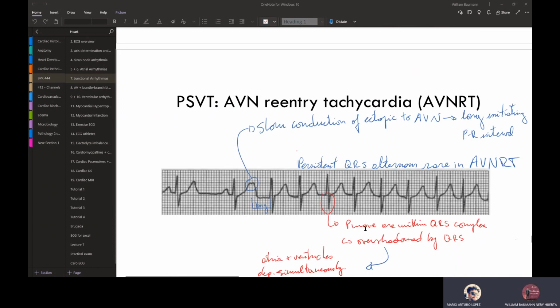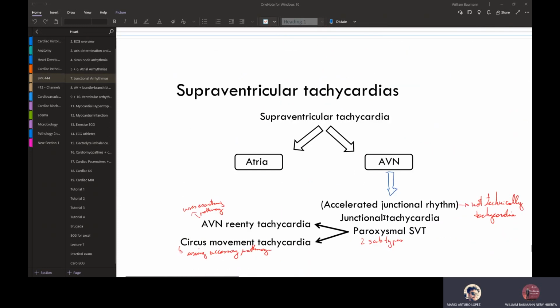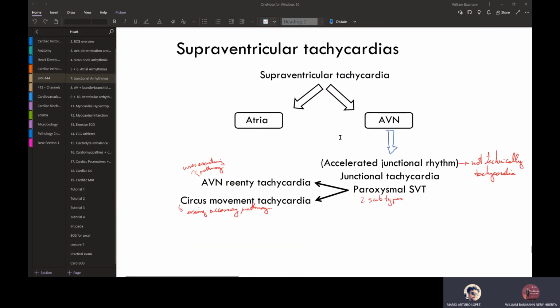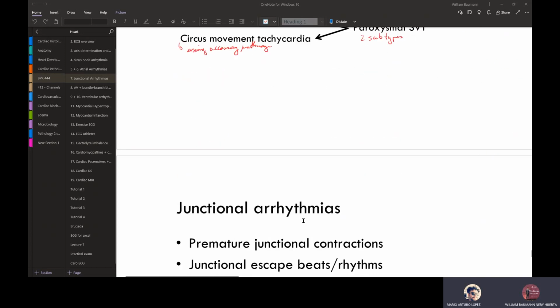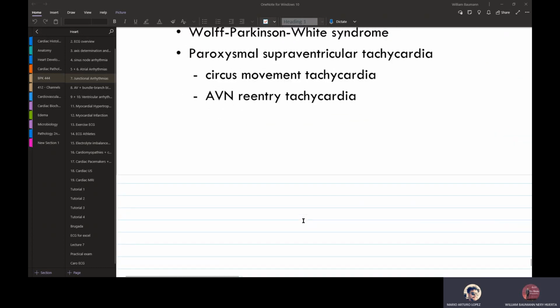Supraventricular tachycardias occurring in the AV node. We've seen that there's a junctional tachycardia, the paroxysmal SVT. There are two types, and that will be all.